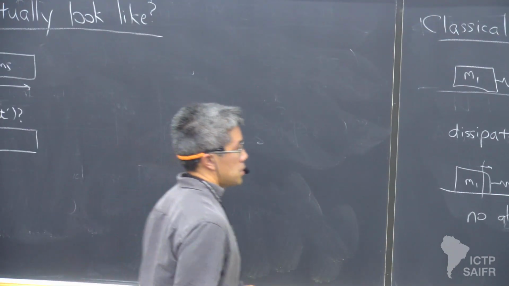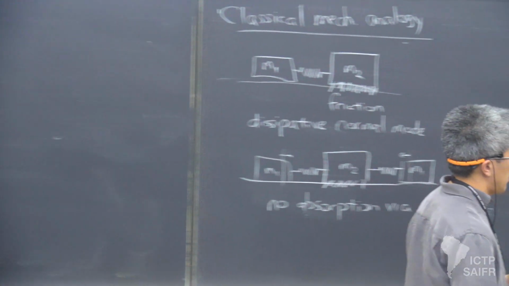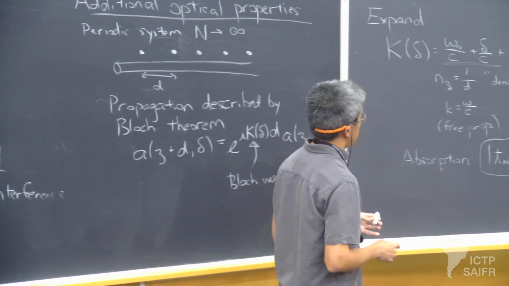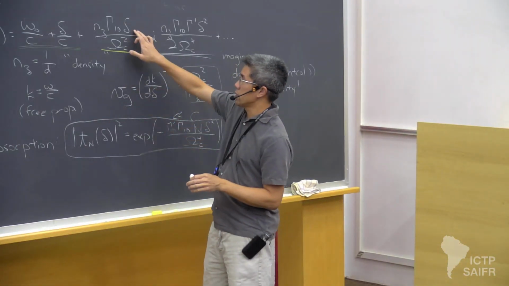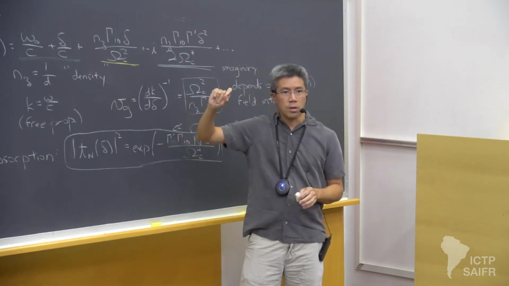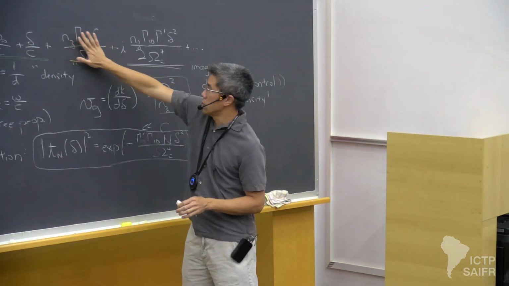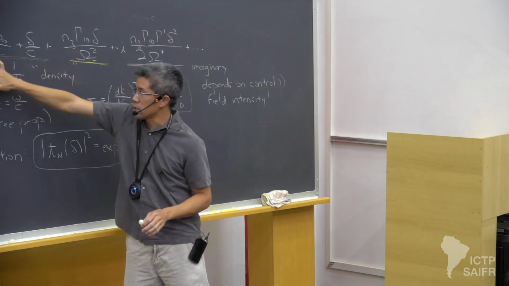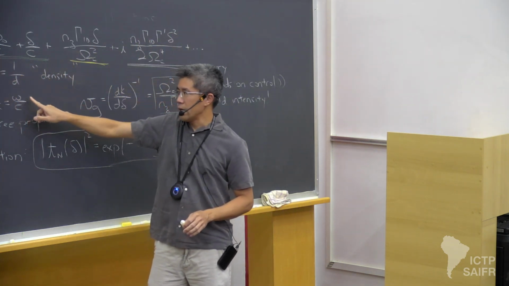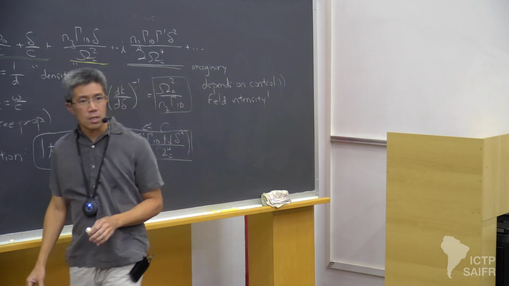So let's try to guess the answer by pointing out some things that are true. The first thing is, remember that we're sending in pulses around delta equals 0. When delta is exactly 0, all these terms drop out, and my dispersion relation inside the medium is exactly k equals omega over c.